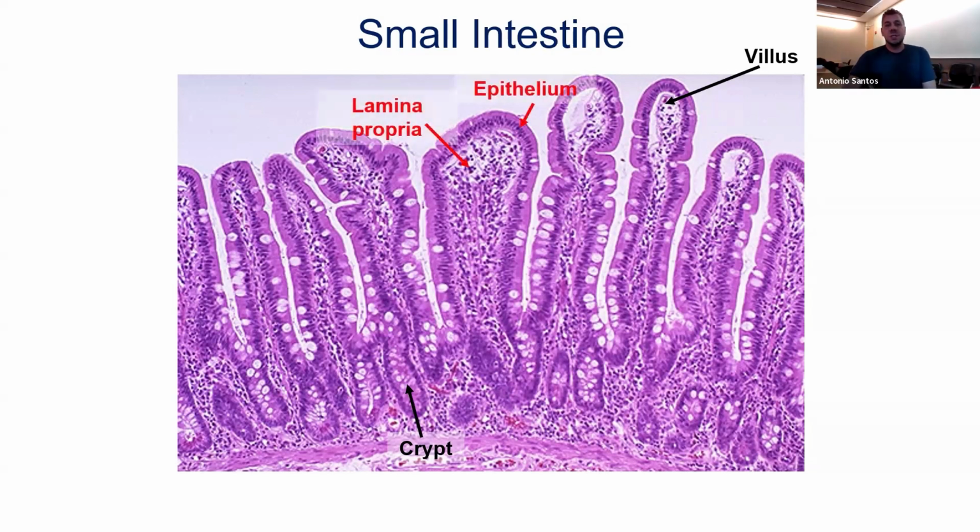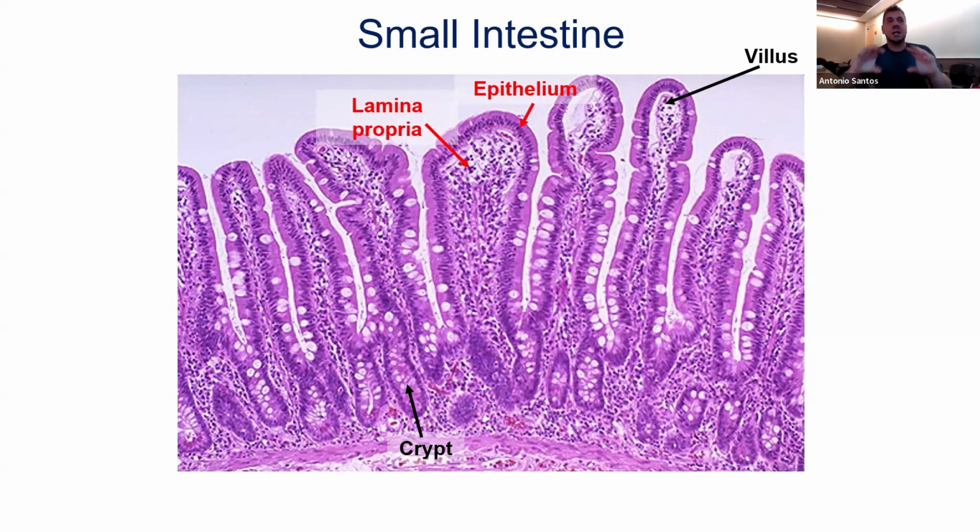Another two things that I want to show in this slide is that we have two very different compartments in the small intestine. We have the epithelium that realizes the functions of the small intestine. So there are cell types there that absorb the nutrients. There are other cell types that keep bacteria away or kill bacteria.